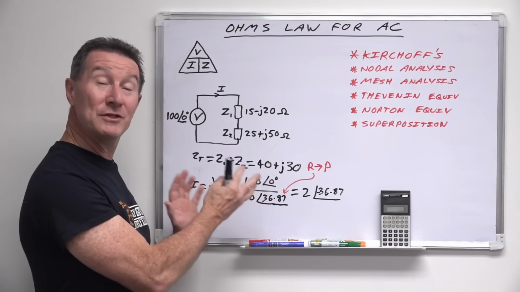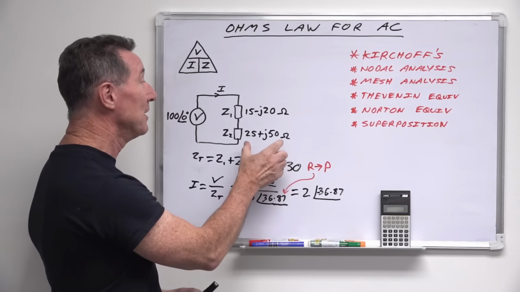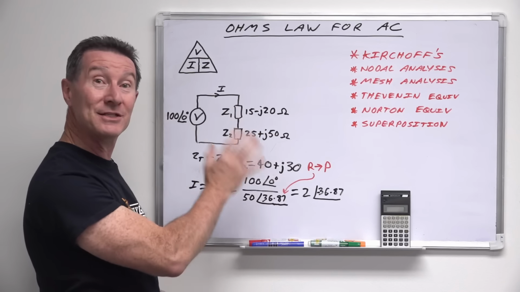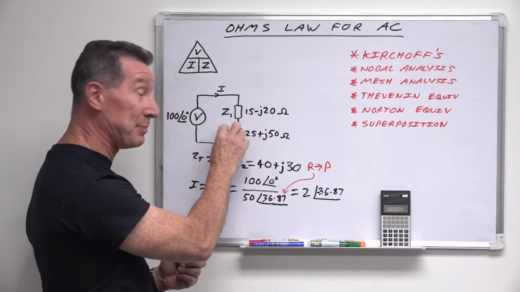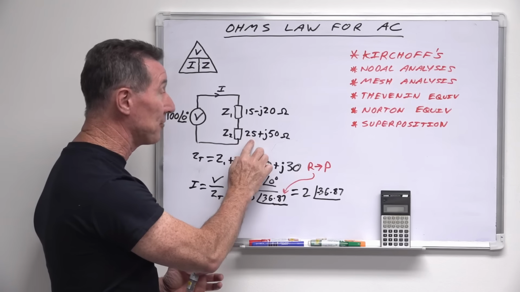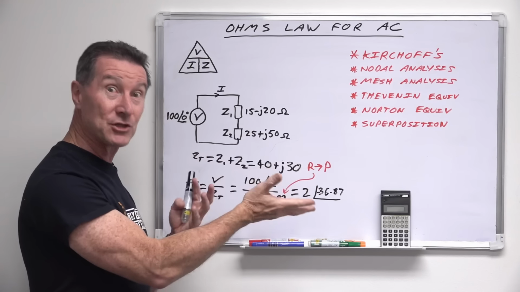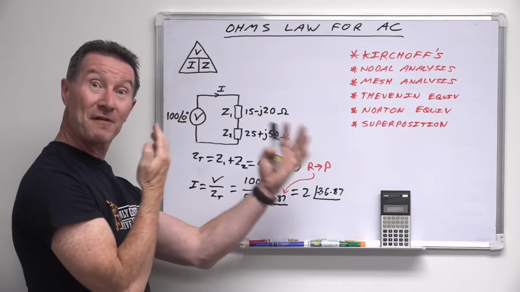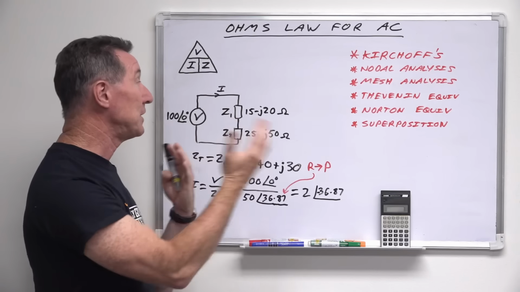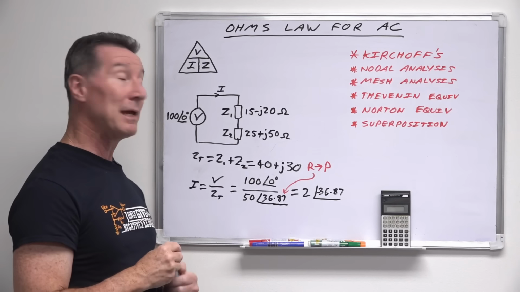It is no different to DC Ohm's law at all, except you've got a complex number instead of just a real number. An impedance is a complex number that is made up of the real component and the imaginary component, with imaginary meaning basically the phase difference between the voltage and the current inside and across that impedance there.